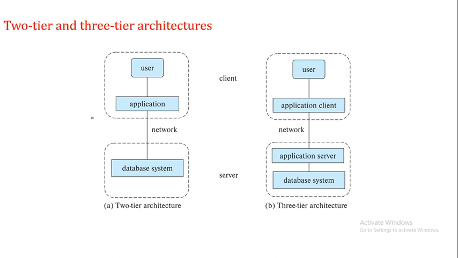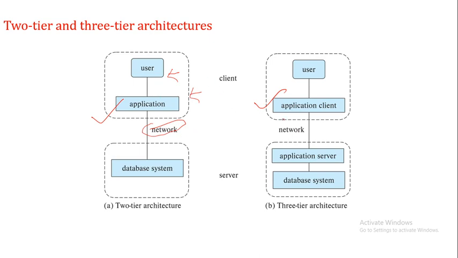This is a two-tier architecture. This is a three-tier architecture. The application remains within the client itself in case of two-tier architecture, and it accesses the database system using the network. But this is quite insecure, as there are certain vulnerabilities or threats that may be associated with it because the application remains in the client itself.